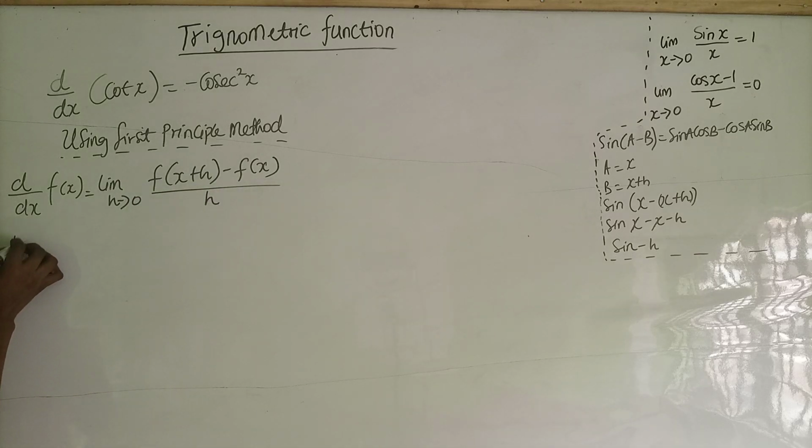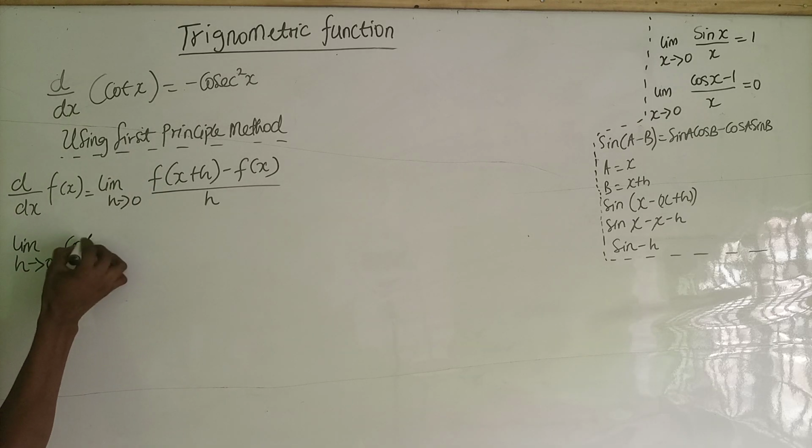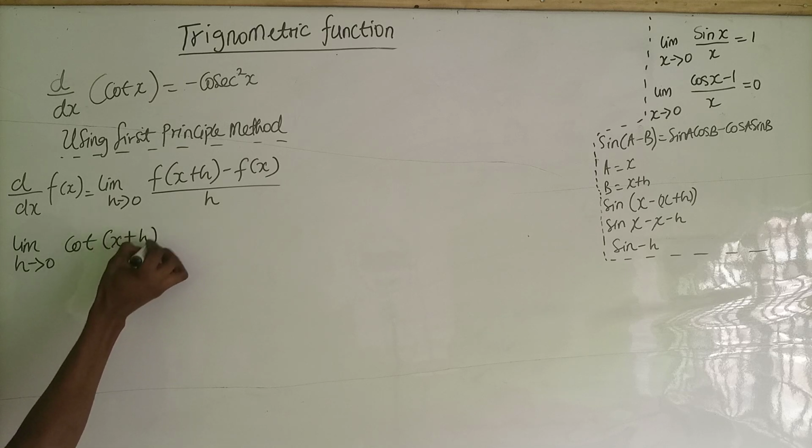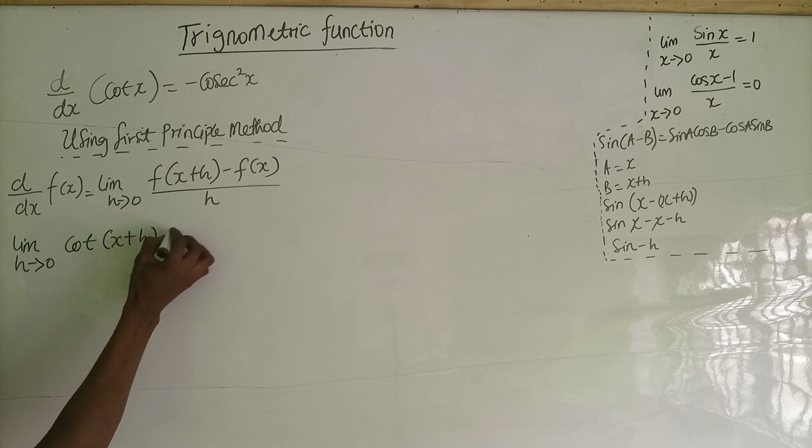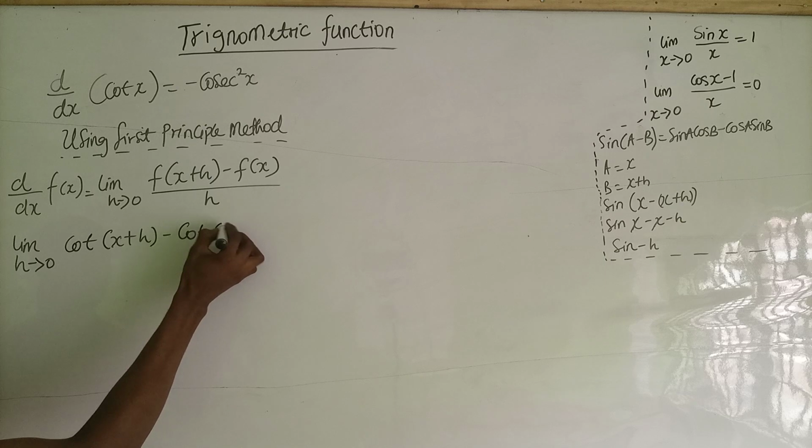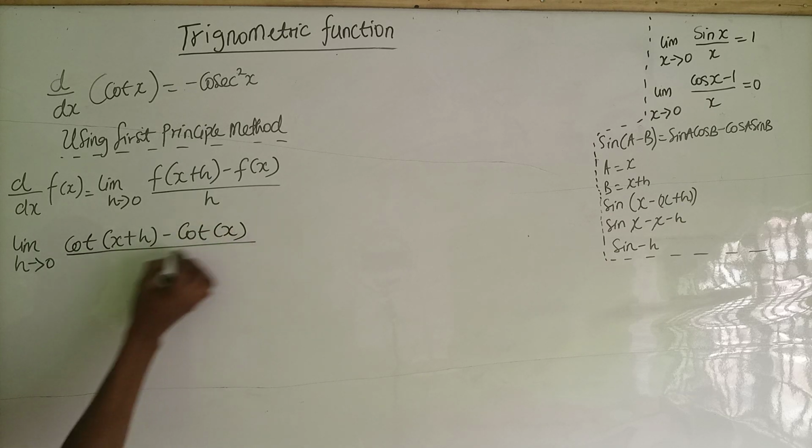So the limit as h approaches 0, our f is cot x plus h minus cot x all over h.